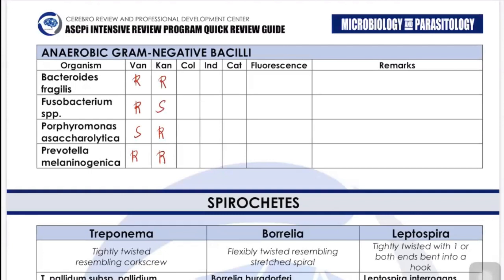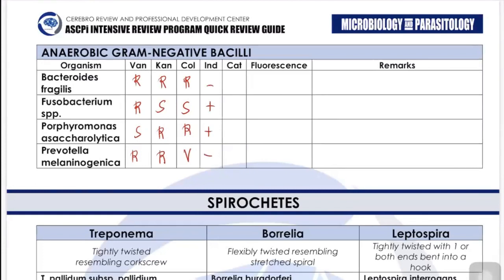And resistant to colistin are Bacteroides and Porphyromonas. However, Fusobacterium is sensitive to it. Prevotella, however, may be resistant or susceptible. Both Fusobacterium and Porphyromonas are positive for indole. The other two are negative.